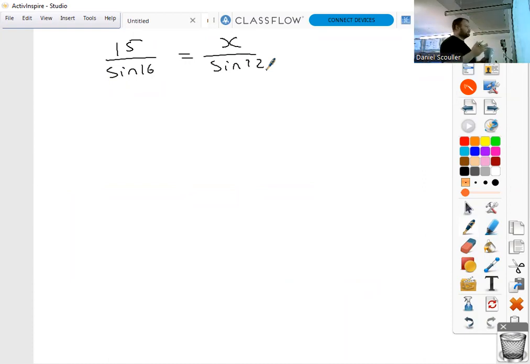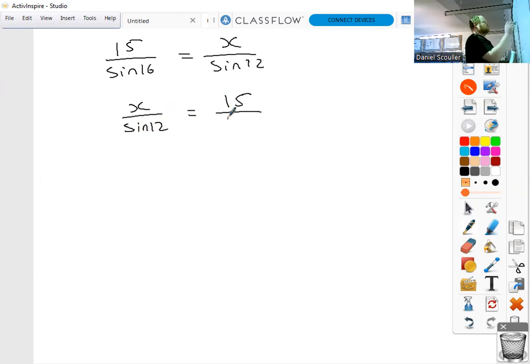Now, best way to do it is have x on the left-hand side. So we can just spin that round, remember? We're not changing side, changing sign at this point, we're just spinning it round to keep it neat. So we can rewrite this whole equation, not moving anything at this point, like that, so that x is on the left-hand side.